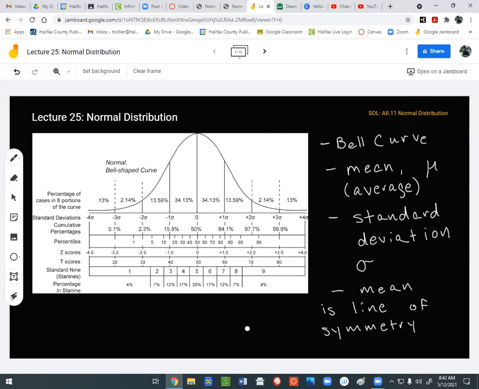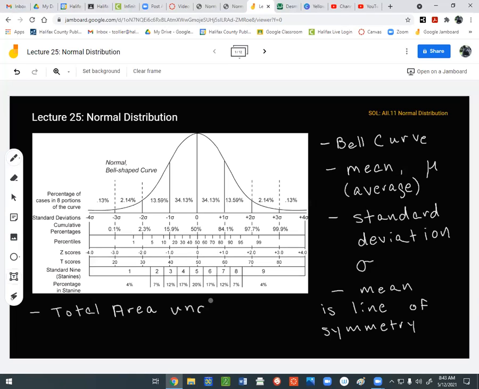So a couple more things about the normal distribution that you should know. This is going to be a probability distribution. On the y-axis, you're going to see all the probabilities, and on the x-axis, which is the horizontal axis, you're going to see all of the standard deviations. Another thing we can say about this, the total area under the curve will always be equal to 1.